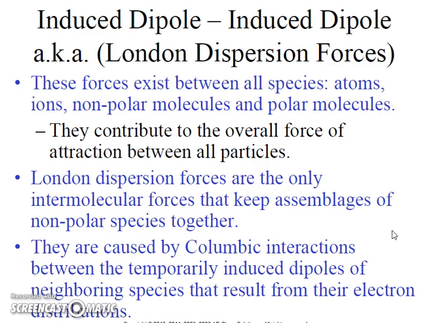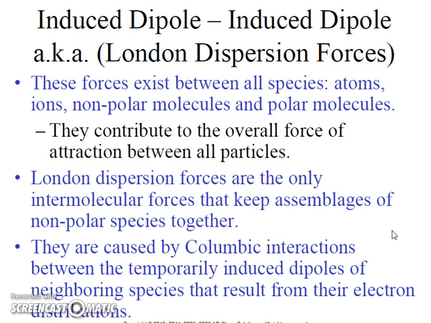The reason why they call it induced dipole is because the electrons are constantly moving around. At any one given moment, the electrons might be concentrated on one side of the molecule or the other, thus giving it that temporary positive side and negative side. So by the position of the electrons, it's been induced to become a dipole. Another second, they might be more evenly spaced.